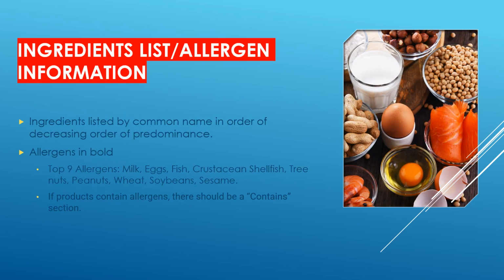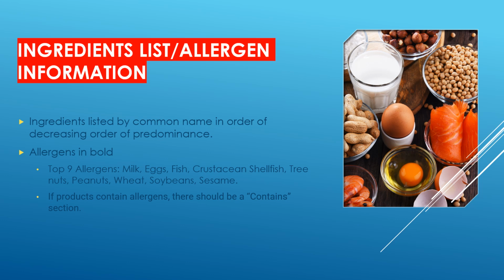The ingredient list is super important. We live in communities where people have all sorts of allergies, and you want to be familiar with those allergens, so when you have to write down the ingredients from your label, you can do so confidently.